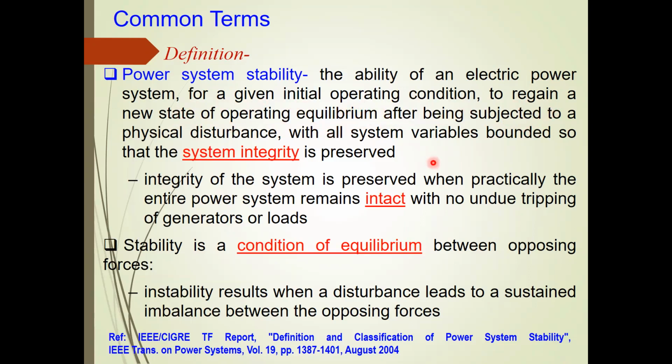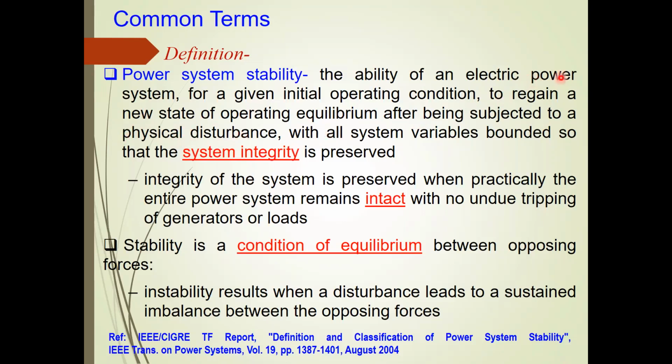So your system was initially, let's say, at a steady state, and after being subjected to some load disturbance, or let's say the line has tripped, or maybe you can have an example saying that the generator has an outage. The generator has shut down suddenly because of some malfunctioning.